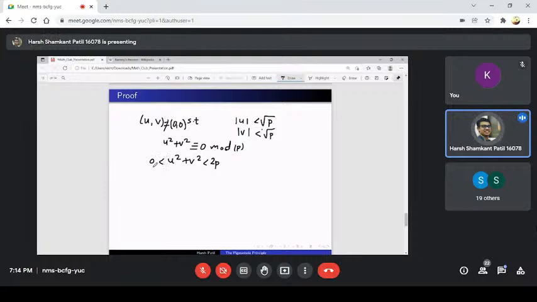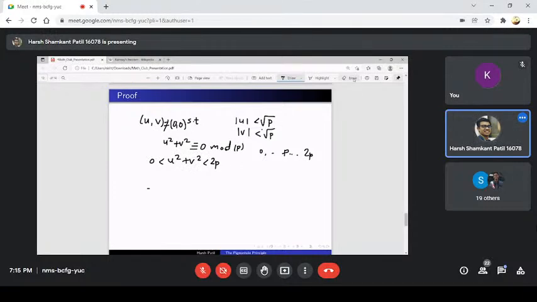That is how we are avoiding 0 here. The only integer that lies between 0 and 2p that is congruent to 0 modulo p is p. Do you guys agree with that? Yes. So this will force u square plus v square to be p.